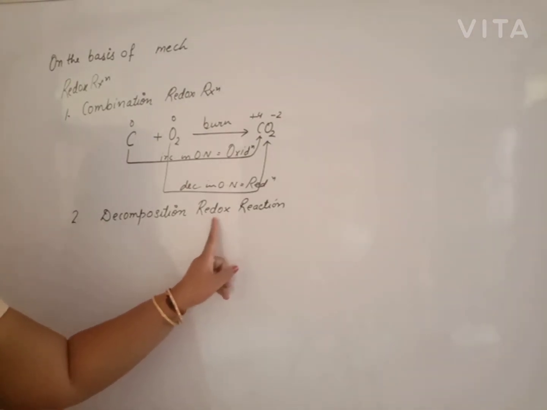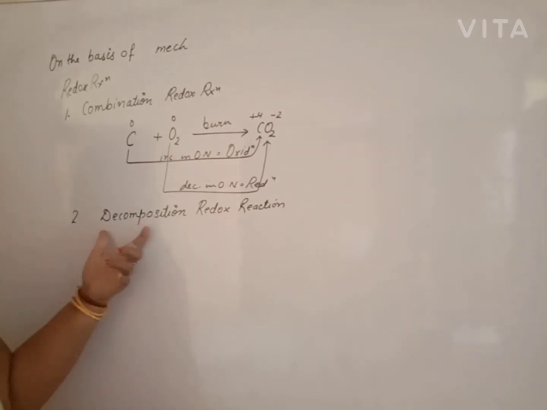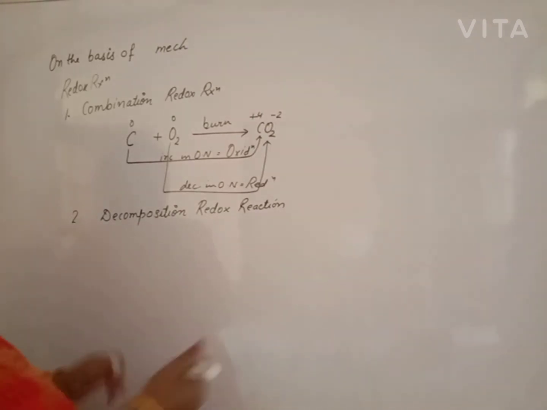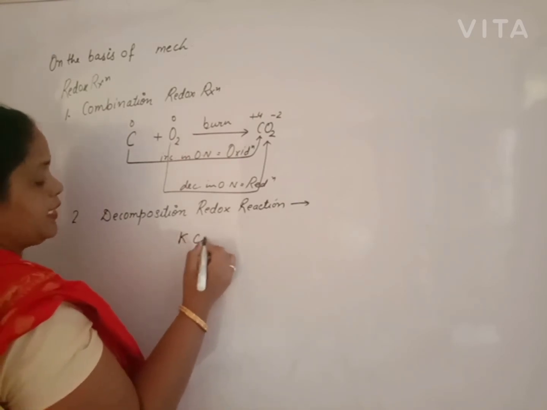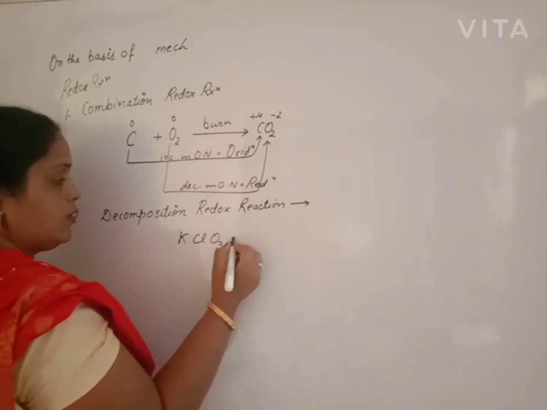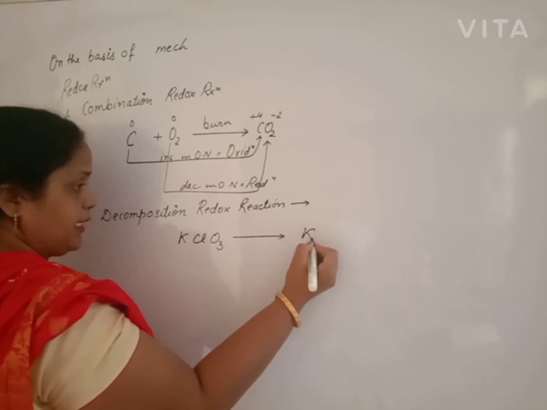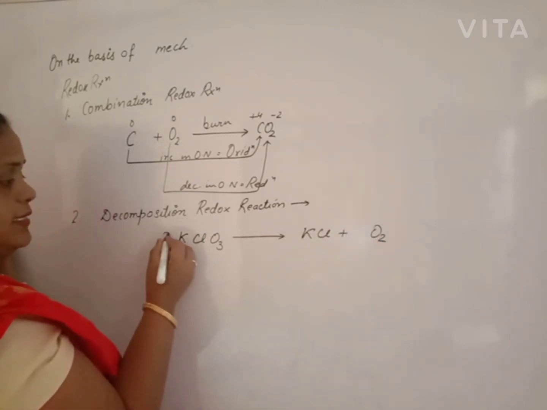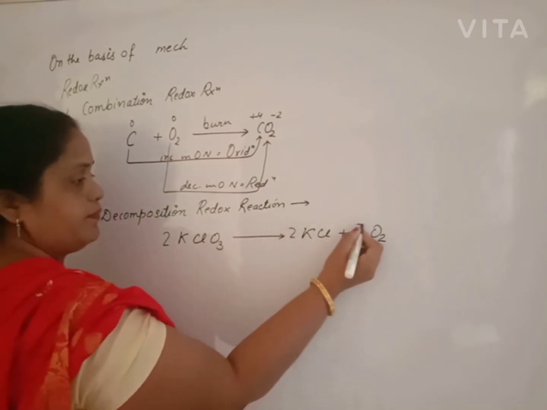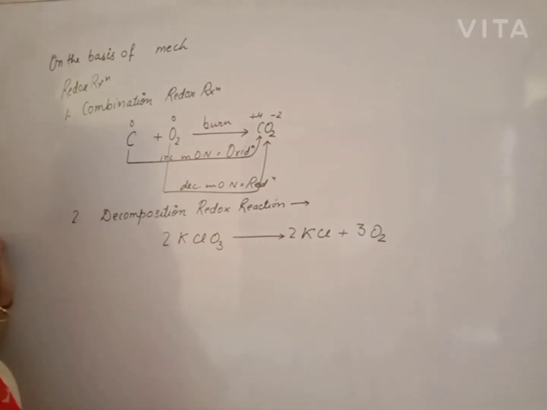Suppose you have potassium chlorate. On decomposition, it will give potassium chloride plus oxygen gas. Balance the reaction like this. Not balanced, that is also okay.